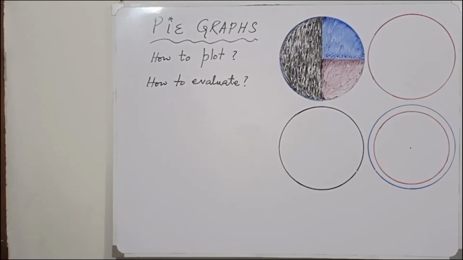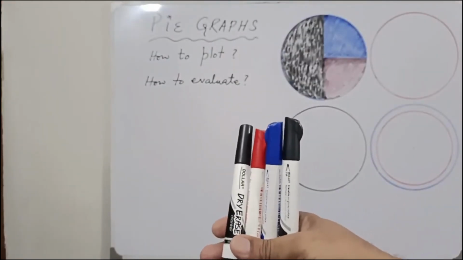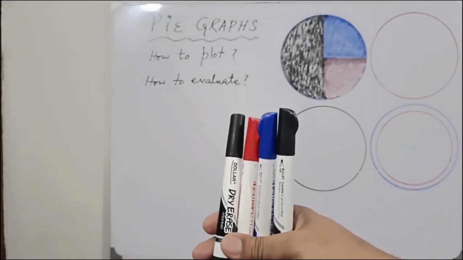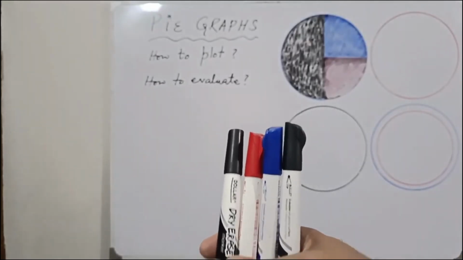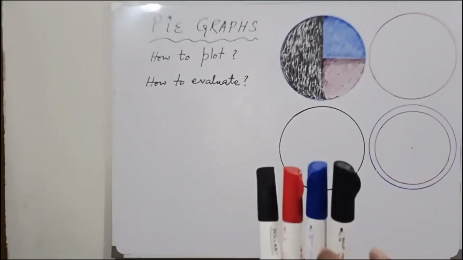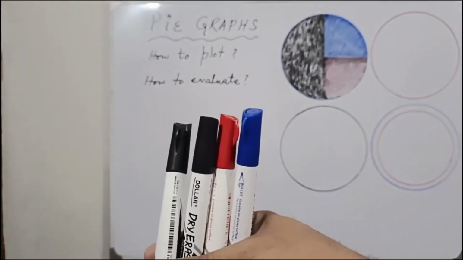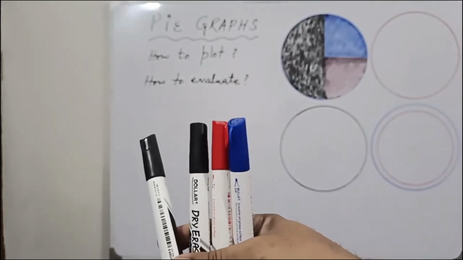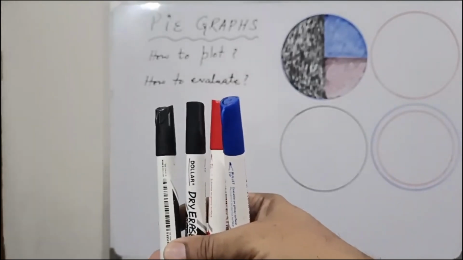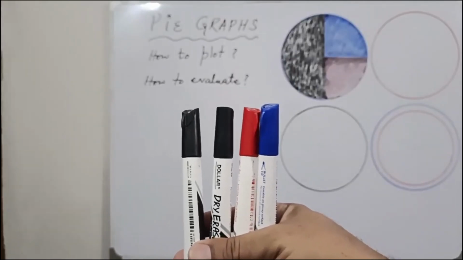These are these markers. I have these four markers, so I have plotted the data of these four markers at the board. Now you can evaluate very easily that we have two black markers, one red marker and one blue marker. So the share of the black marker is double that of the red and the blue.